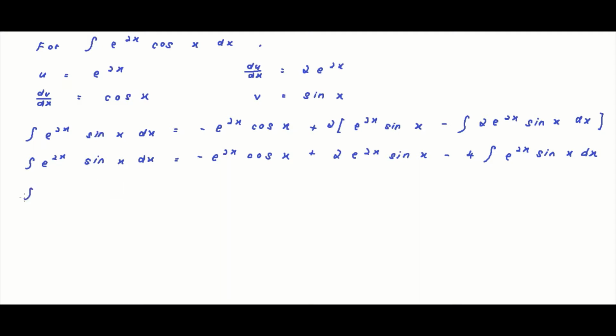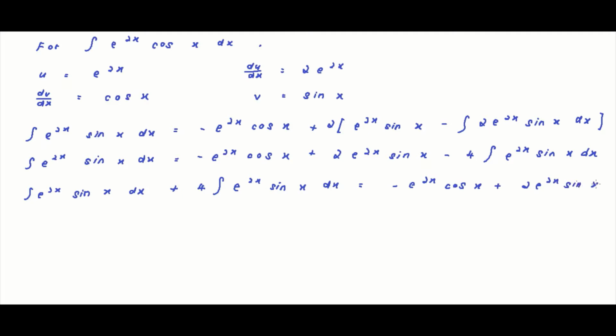So meaning that the integral of e2x sine x dx, you move the whole thing here to the front. So plus 4 e2x sine x dx. Okay, so the other thing you can just copy it. Okay, so now can you try to simplify that?